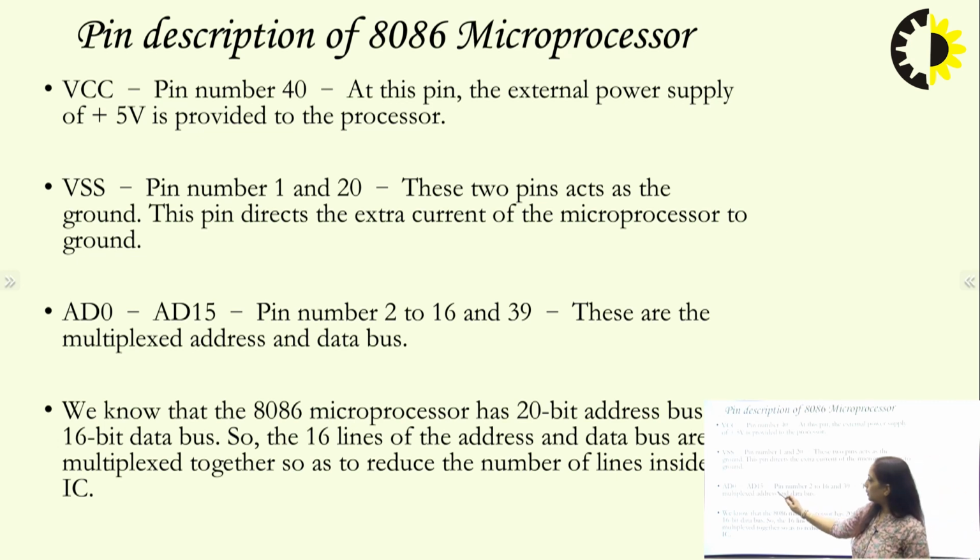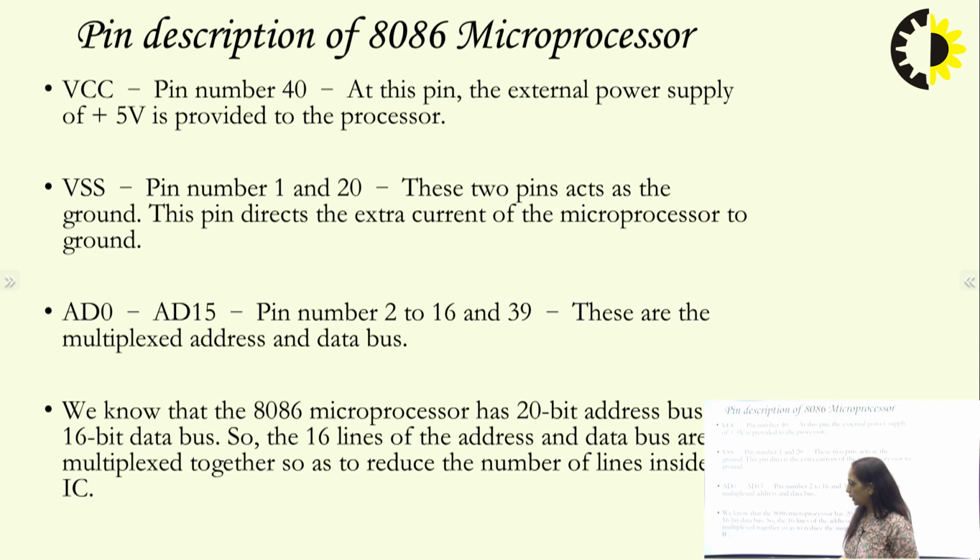Then from pin number 2 to 16 and pin number 39, we have these multiplexed AD0 to AD15. Out of 20 address lines, 16 lines are multiplexed with data lines, and the rest of the 4 lines are multiplexed with status lines, right?